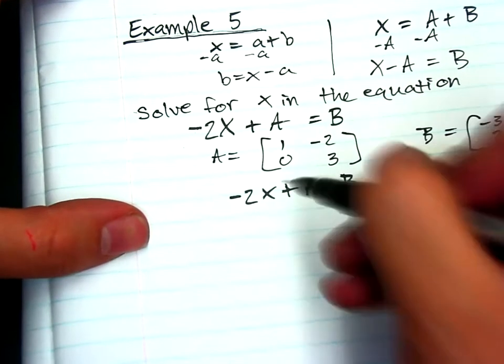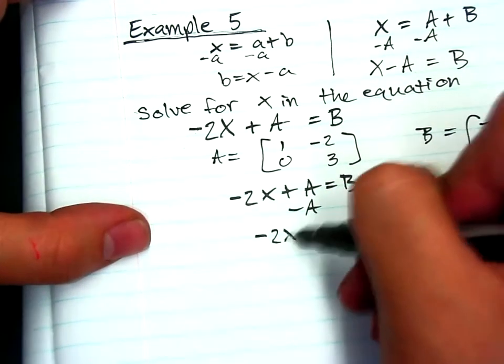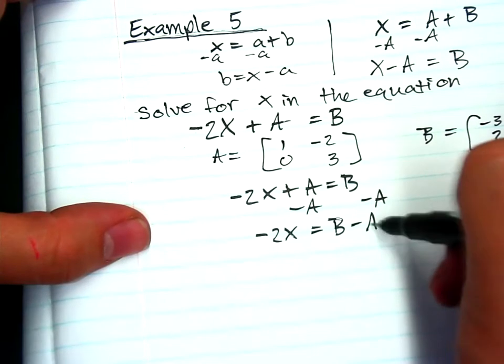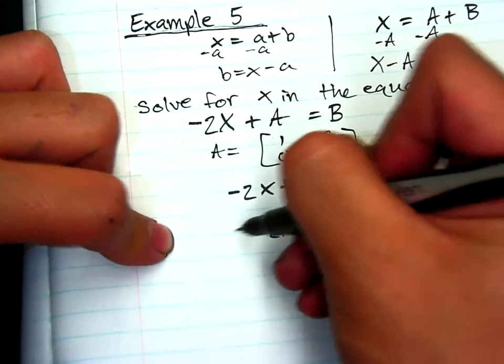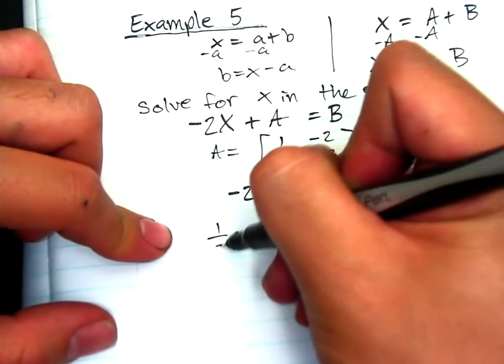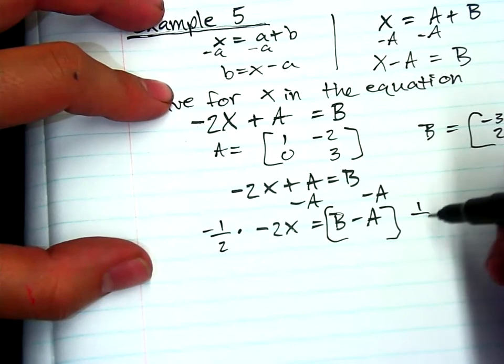In order to isolate the variable, I'm going to subtract A, matrix A. Negative 2X equals B minus A. And then I'm not going to divide by negative 2, but I'm going to multiply by negative 1/2, just so that I'm sticking with the idea of using scalars.